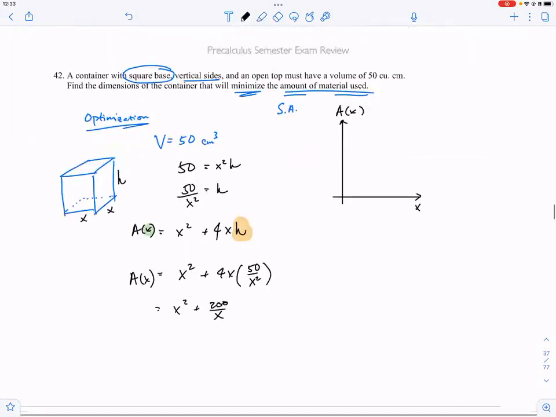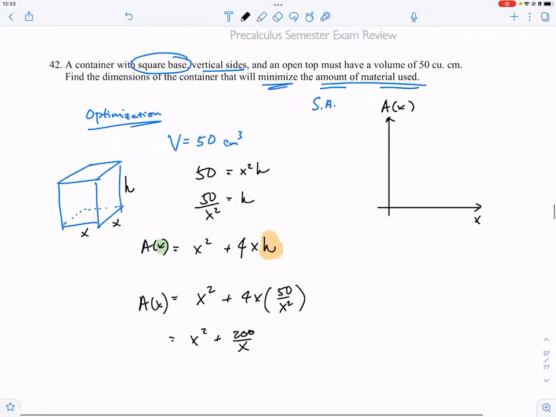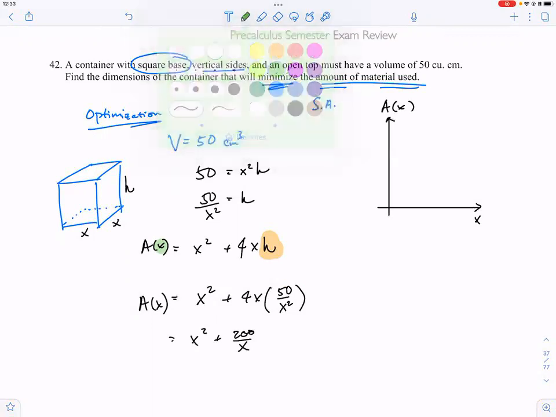Now this is very likely a calculator question, because you don't have any ability to find out the minimum yet. But I can tell you the graph will likely look like this.